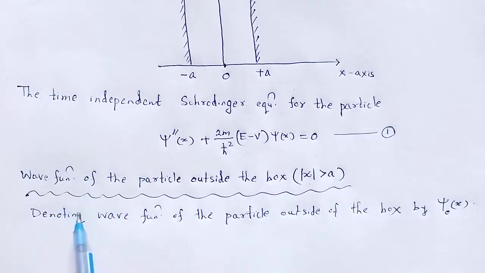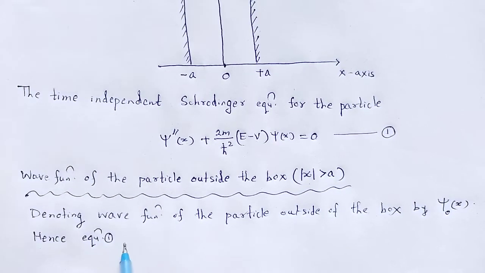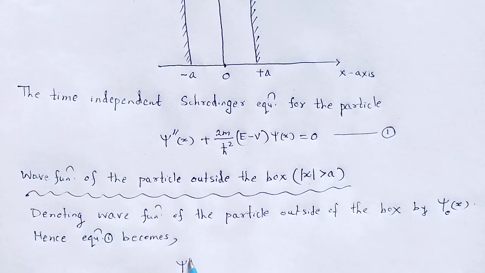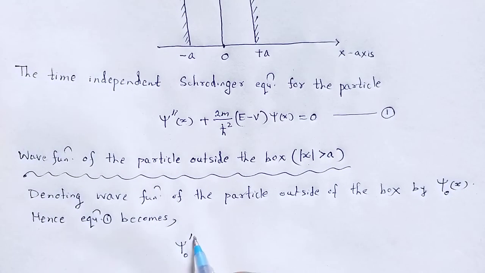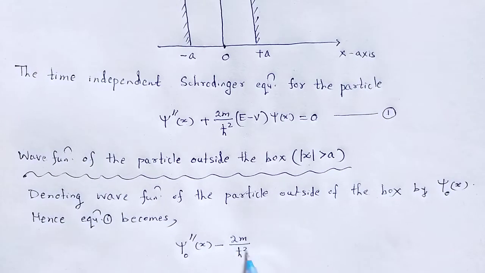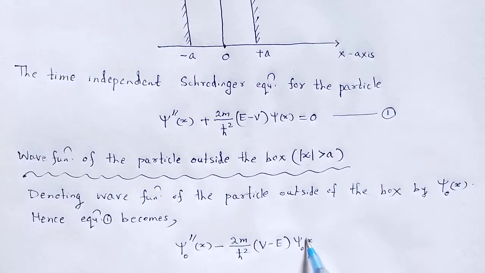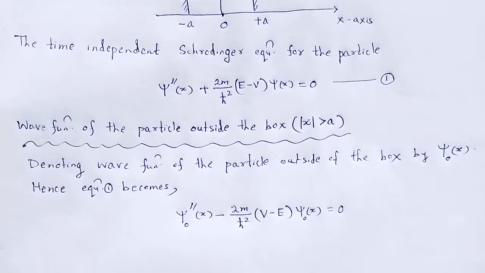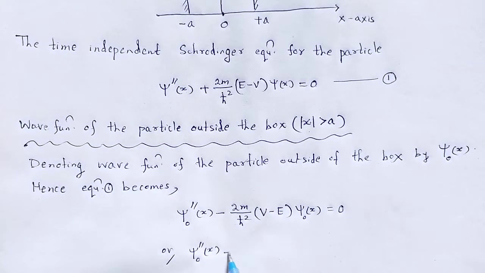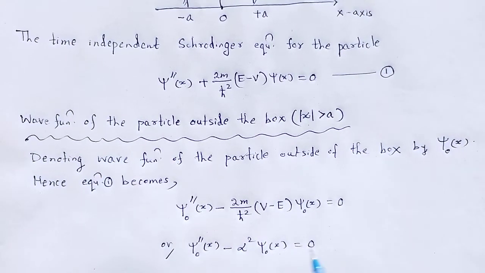Hence equation 1 becomes psi naught double dash of x minus 2m by h cross square, V minus E, times psi naught of x is equal to 0, or psi naught double dash of x minus alpha square psi naught of x is equal to 0.